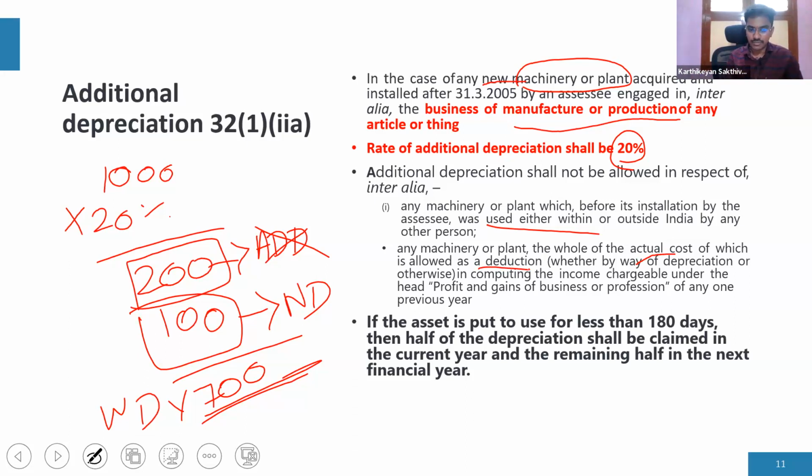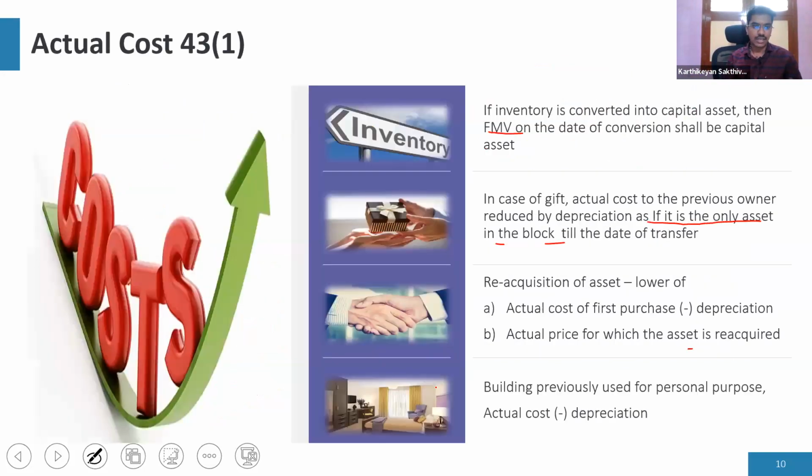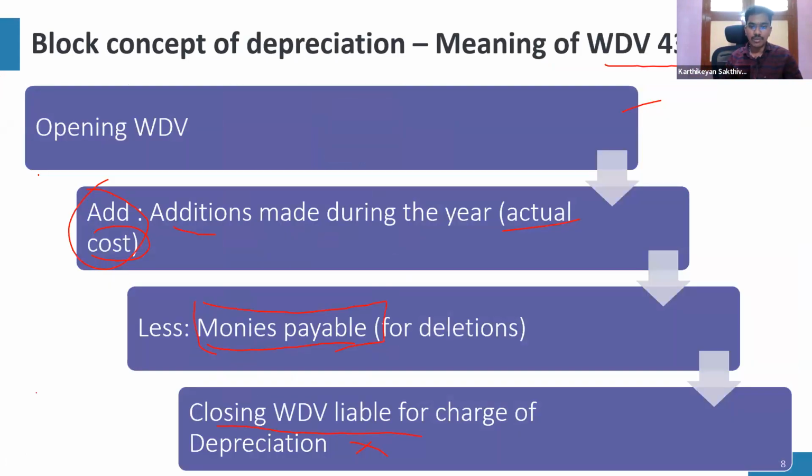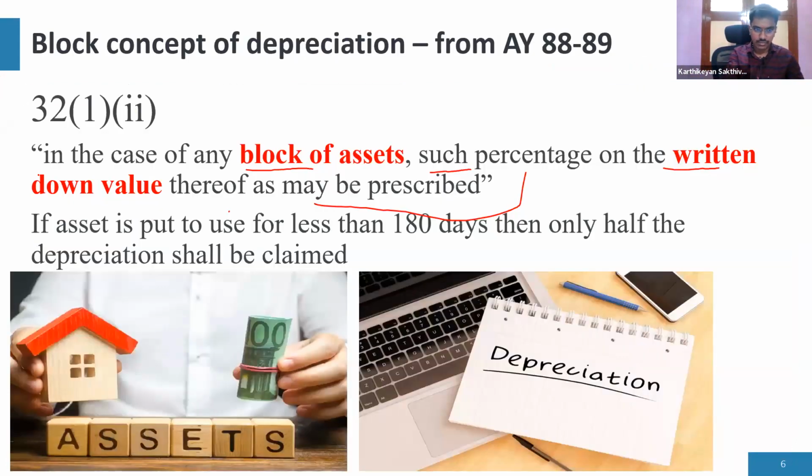Second point வந்து, if the asset is put to use for less than 180 days, நம்ம actual depreciation இந்த point இருக்கும். If the asset is put to use for less than 180 days அப்படின்னா half of the depreciation is to be claimed. So basically இதுல வந்து ரெண்டே class of assets தான். ஒன்னு put to use for more than 180, இன்னொன்னு வந்து put to use for less than 180 days.